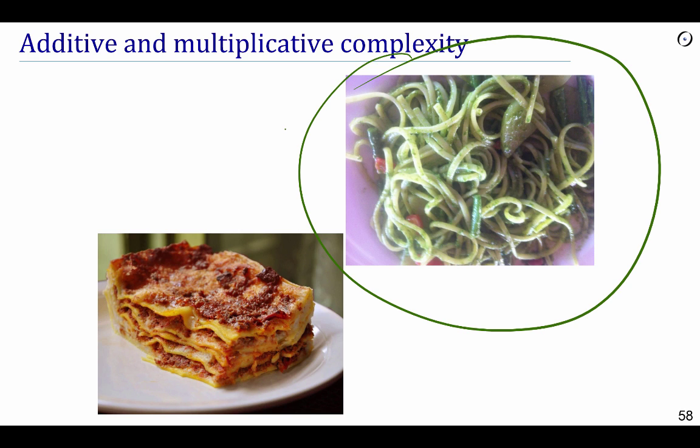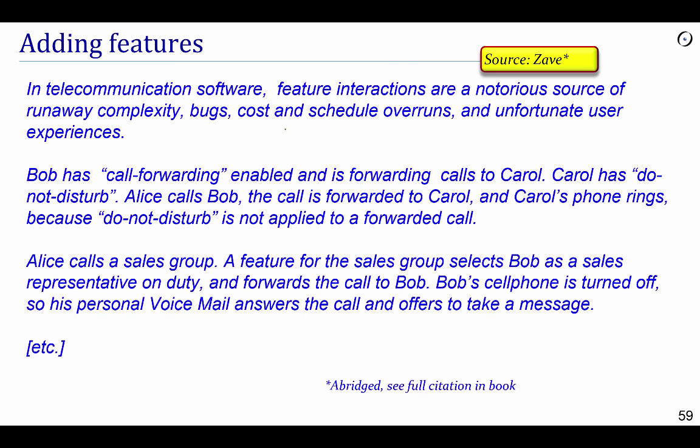And if you have that kind of feature interaction, the idea that you can just take the next feature, the next user story, and work on it without interacting with what already has been done just belongs to the realm of fairy tales. And we have very good source for this observation.